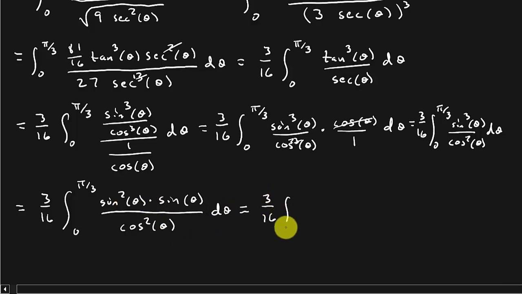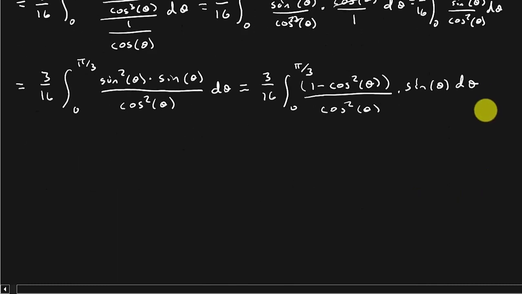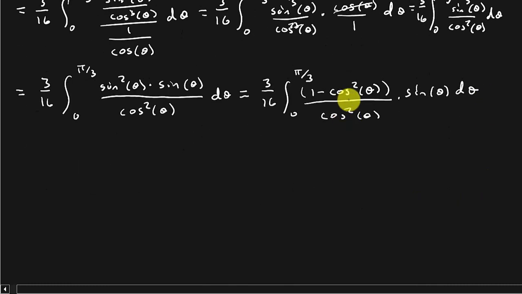And look at this. Sine squared is what? 1 minus cosine squared over cosine squared theta. And I'm going to just write the sine theta out here just for fun.